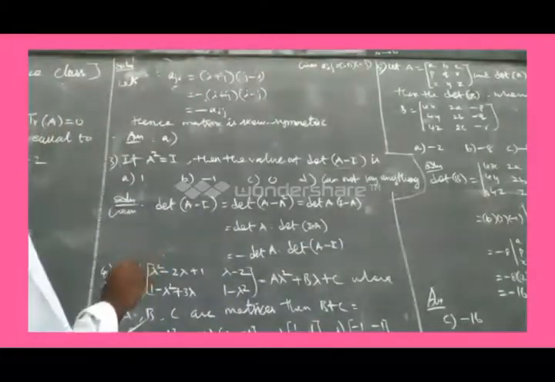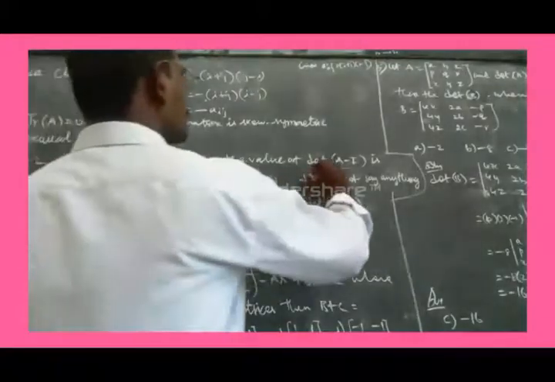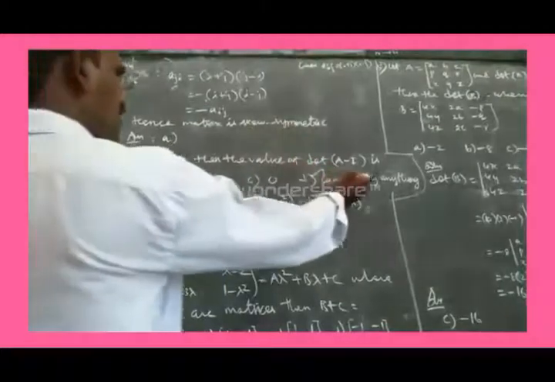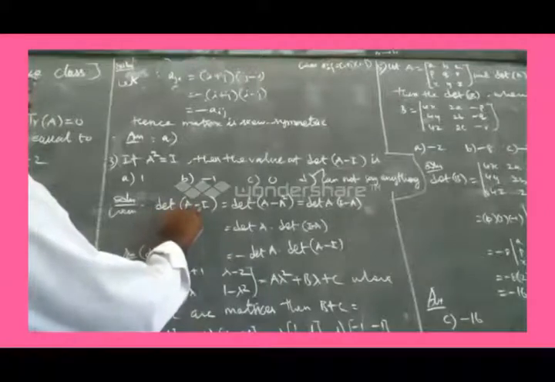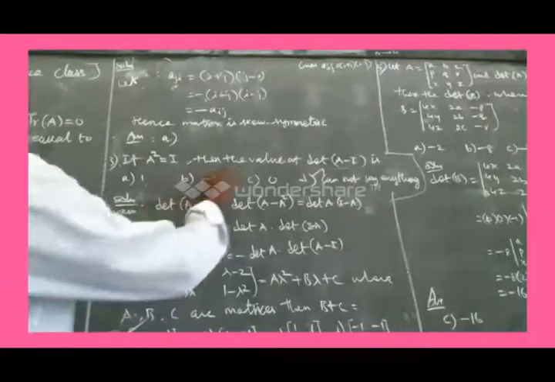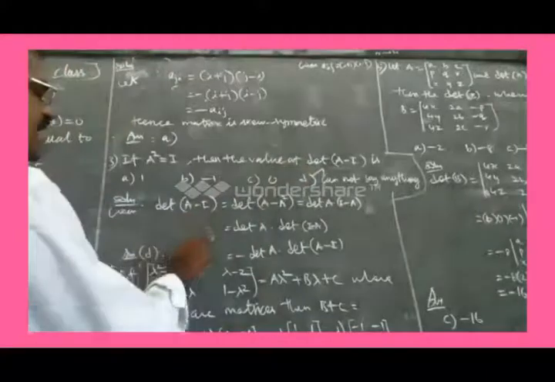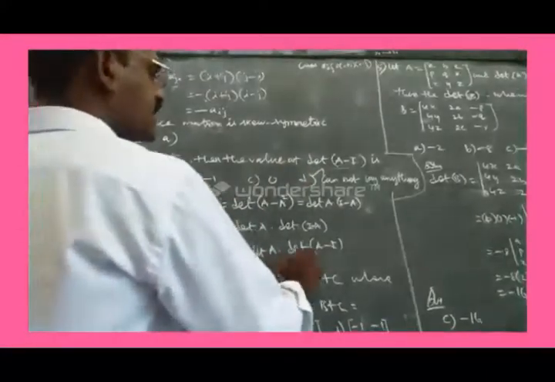So solution, answer D. Reason, it cannot say anything. So the value of determinant of A minus I equal to minus determinant of A into determinant of A minus I.